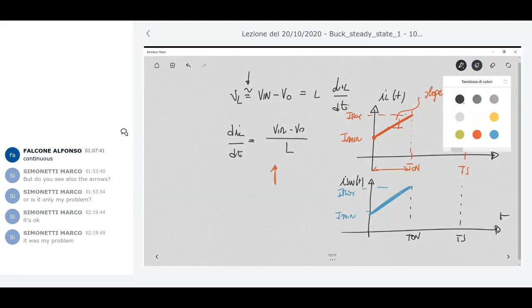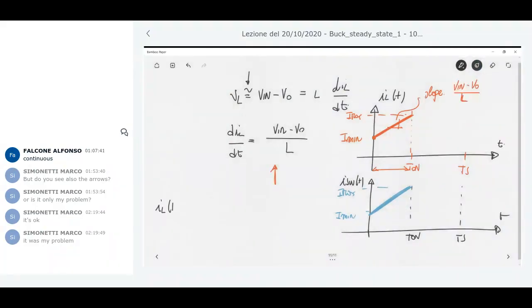Okay, so if you want to describe mathematically the behavior of the inductor current, we can say that you have a minimum current plus, using this expression here, 1 over L, the integral of the inductor voltage.